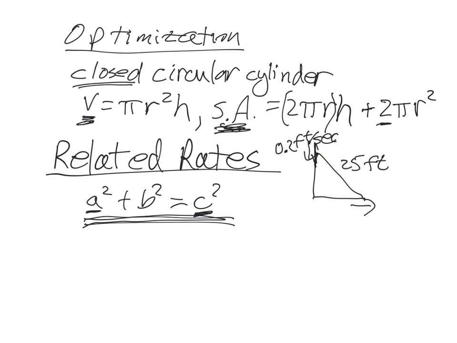Well, in this case, the ladder does not change the length. 25 foot remains constant whether it's here or whether it's laying flat on the ground. But definitely the x and y change. Now some of the problems, all three of the sides were changing as time went on, so that's one thing you got to figure out.